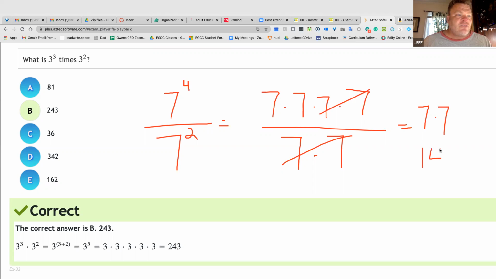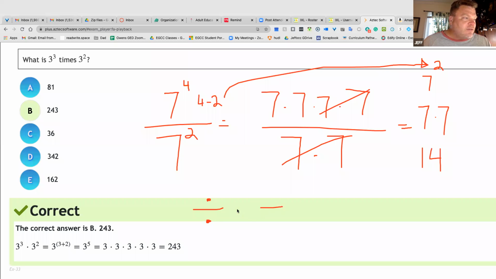That's our final answer. But what do we notice? This 7 times 7 is 7 to the 2nd. If we take these two numbers and subtract them, 4 minus 2, we can jump right to the answer. So if the big numbers are dividing, all we do is knock off those dots and subtract.